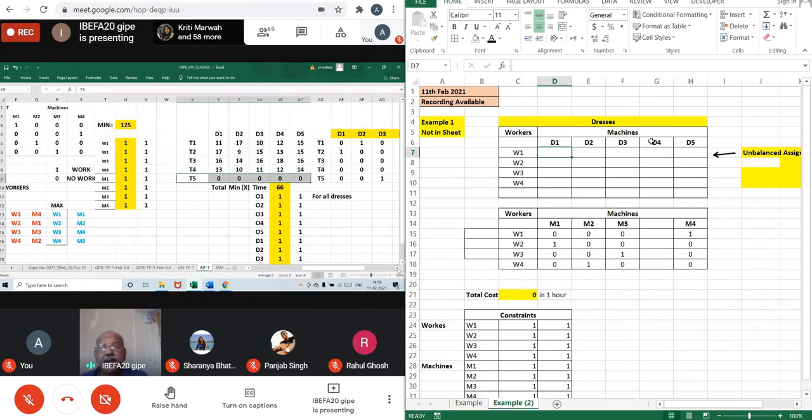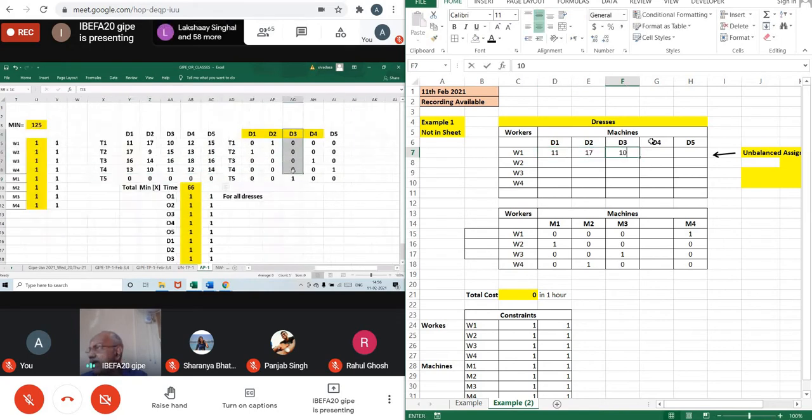You can see D3 will not have a tailor, because D3 is assigned to T5, and T5 is a dummy tailor.